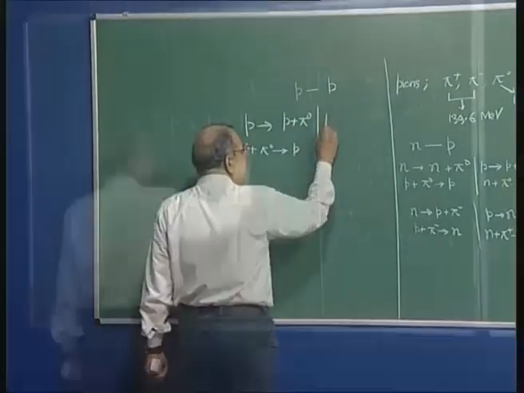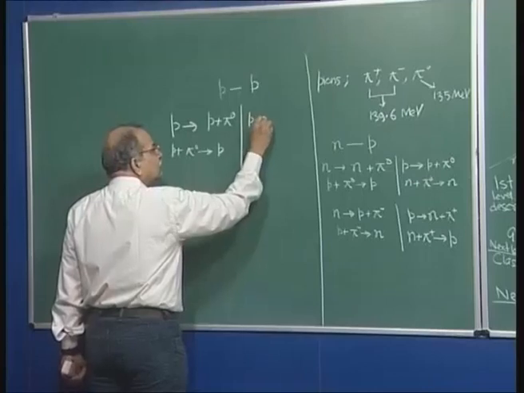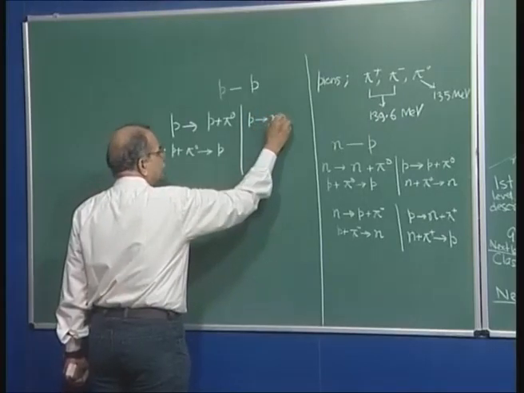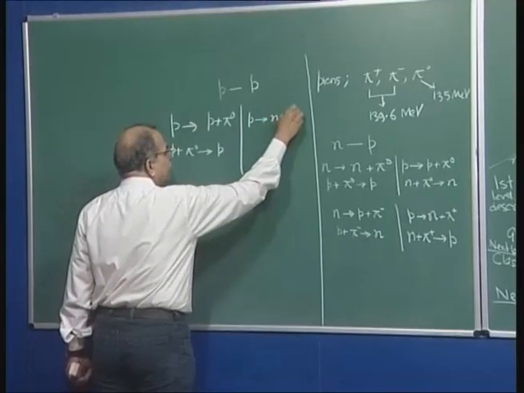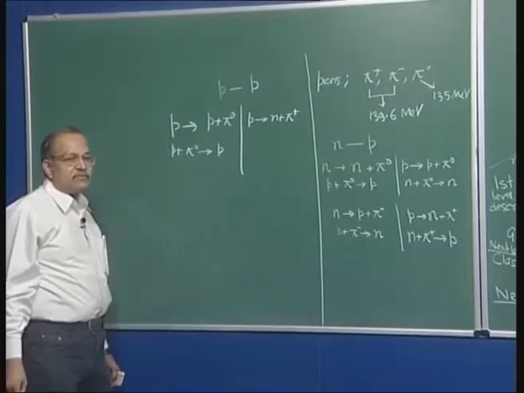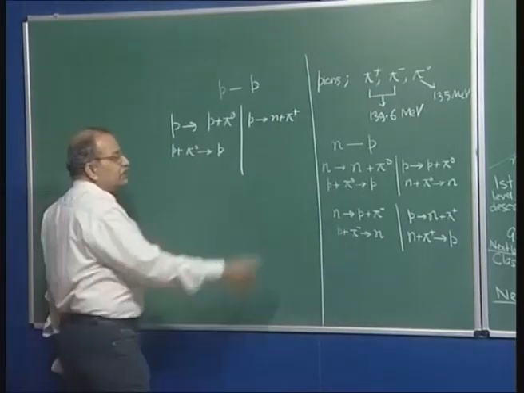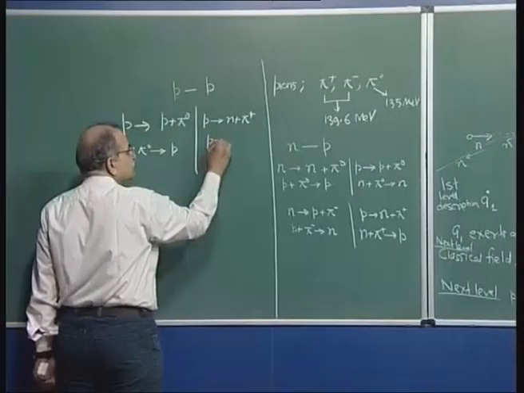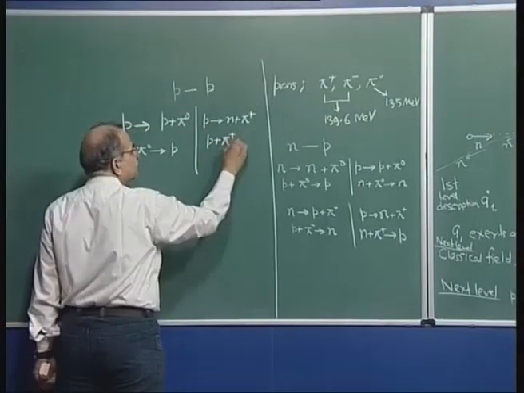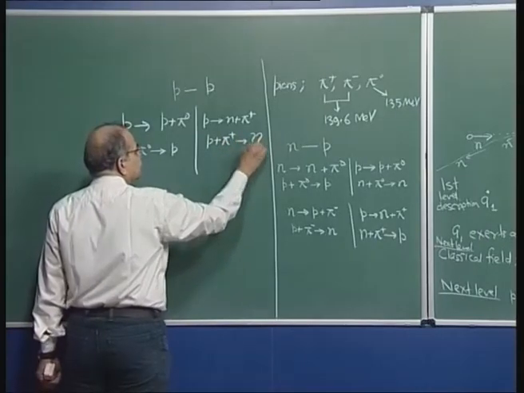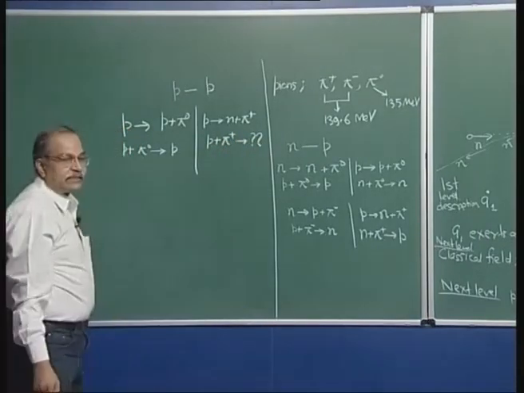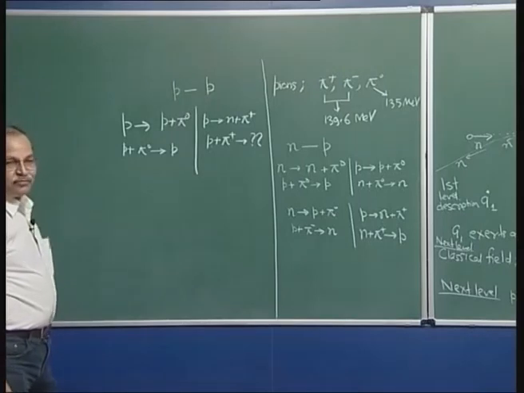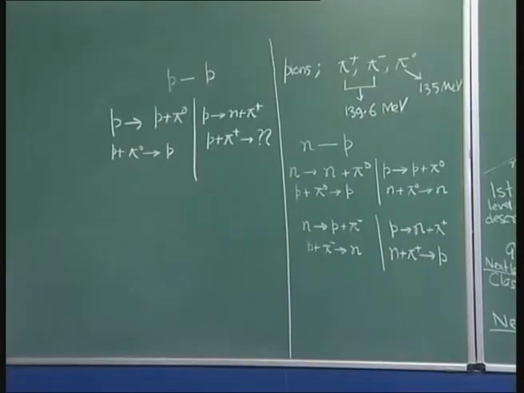If this P emits a positive pion, that is possible, it can emit a positive pion and convert itself to N, but then this cannot be absorbed by the second, right. You do not have a particle of this nature, 2 units of charge or so on, you do not have a nucleon like that.